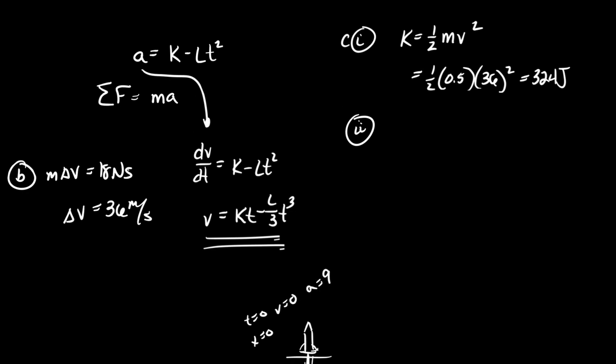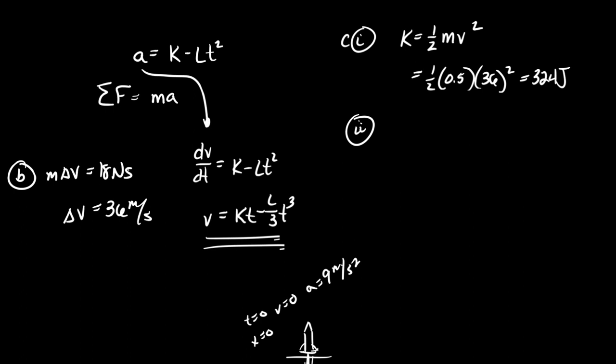Acceleration equals 9 meters per second squared. How do I know that that's the acceleration at time 0? Right, I just plugged it in right here, right? Put in 0 for t, we get left with k, so at time equals 0, the acceleration was 9. So it's experiencing acceleration, but that acceleration is becoming a smaller and smaller number over time, right? That's exactly what this says.